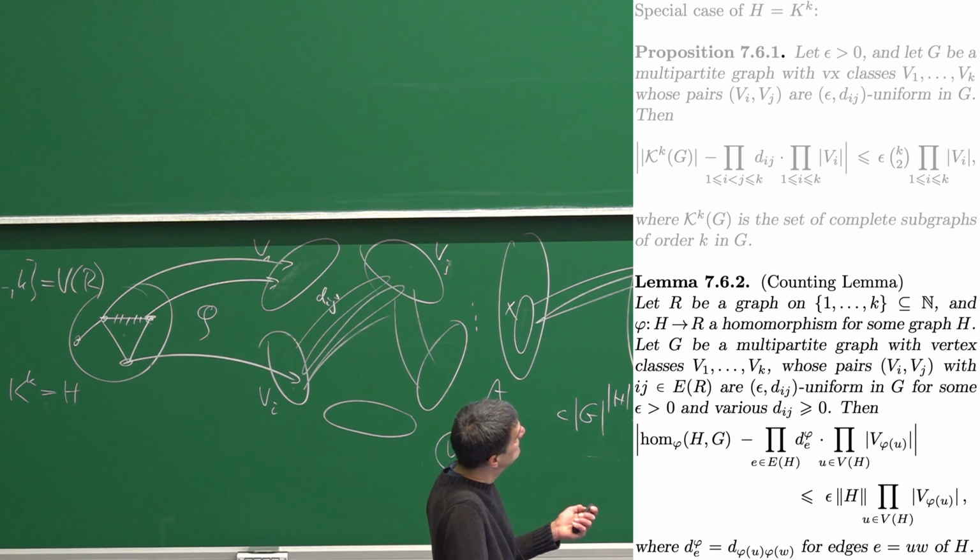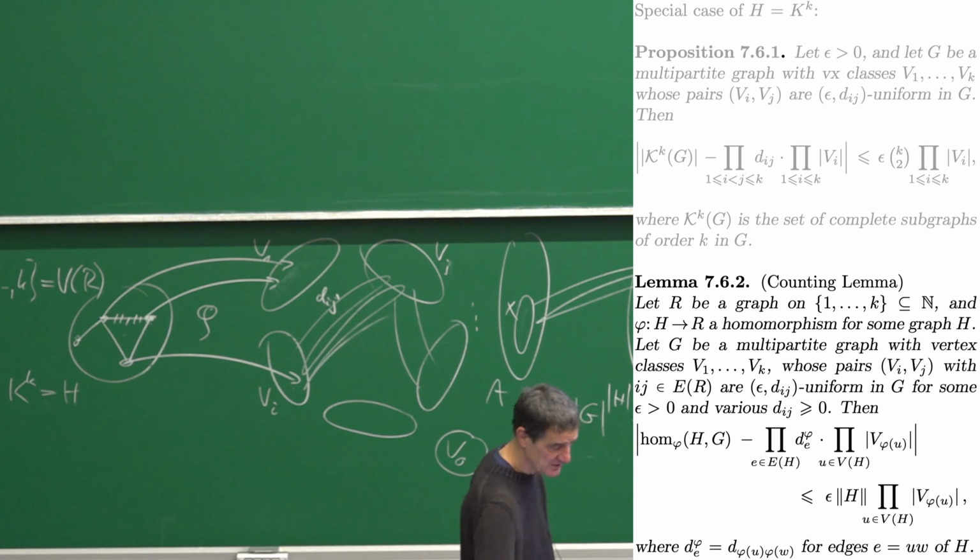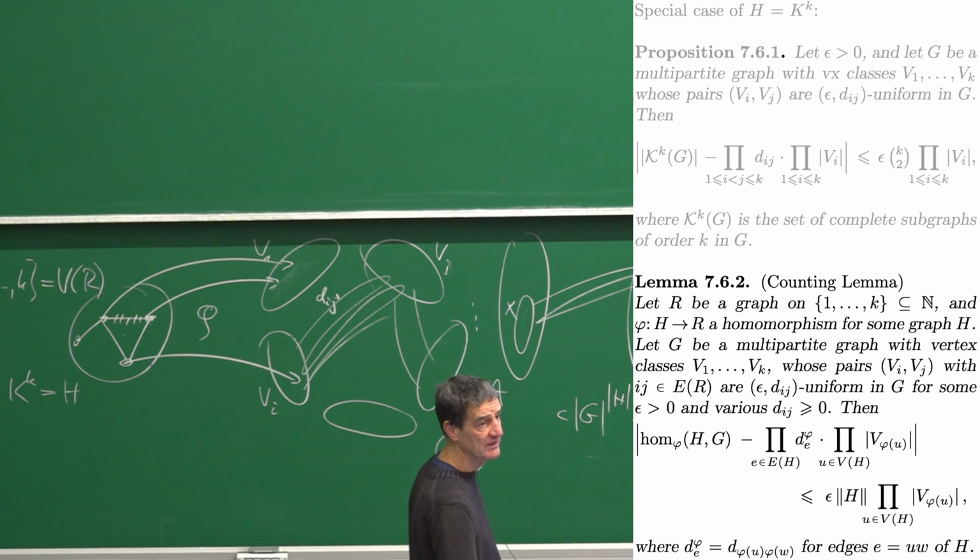And now we do the same as earlier in the corollary. For every such choice of embedding each vertex of little H in its correct class, we can see whether that particular choice defines a homomorphism or not.